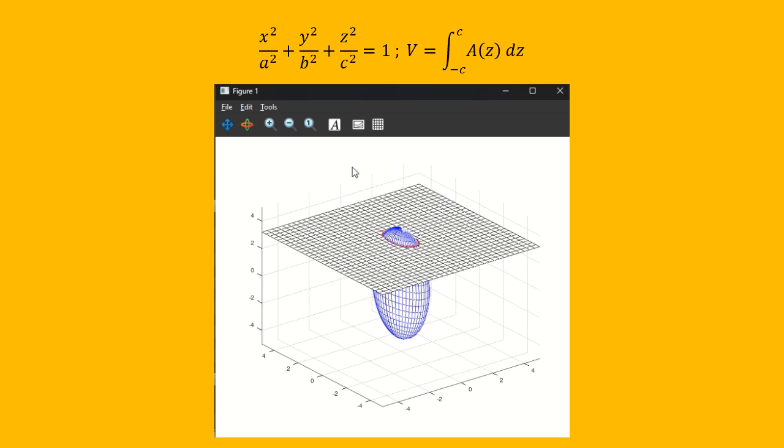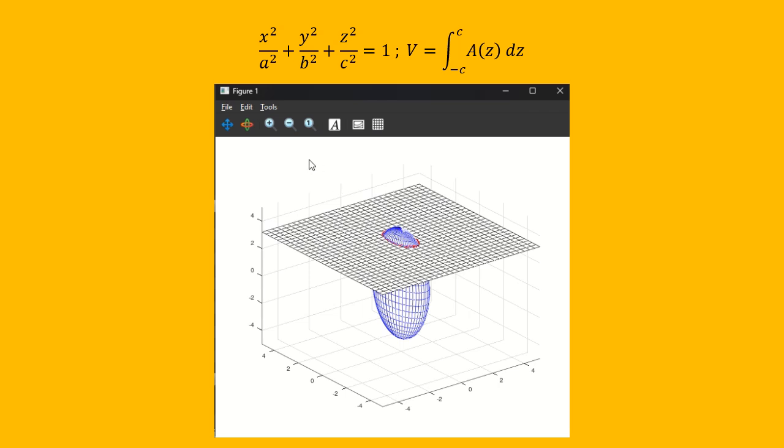So here's the situation that we're going to be looking at. We want to find the volume of the ellipsoid x squared over a squared plus y squared over b squared plus z squared over c squared equals 1. And the intersection of that with a horizontal plane at a particular value of z is shown here.